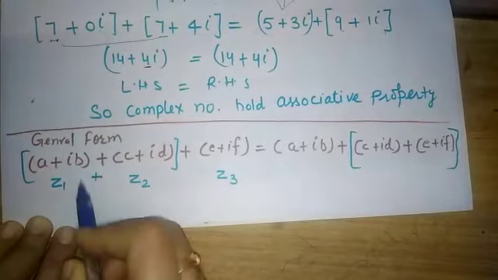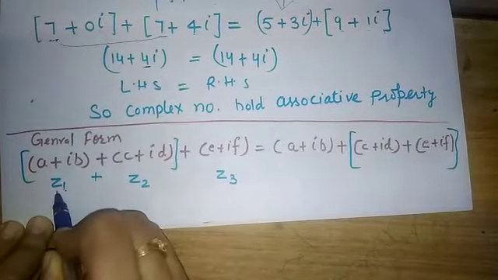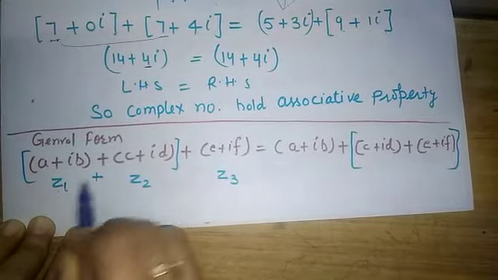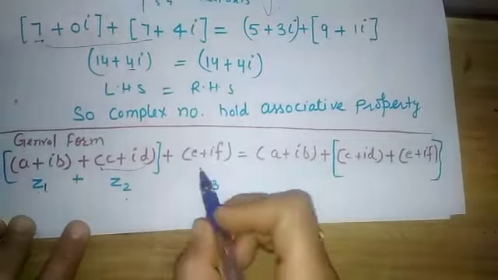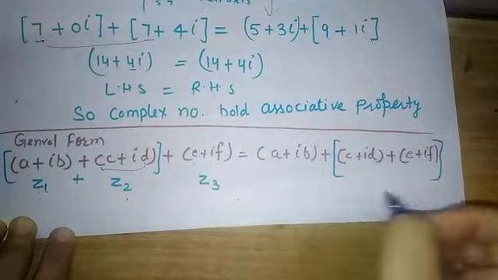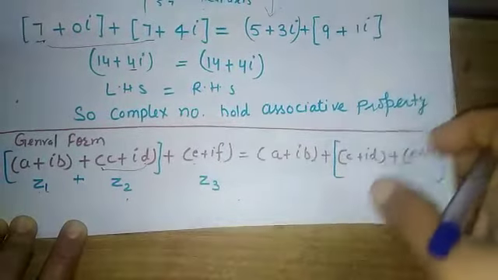So this is the first complex number. I have denoted it with z1. Z is a complex number, 1 means first complex number, and this is the second complex number, and this is the third complex number. So we will add using the distributive property. So let's do it further on.